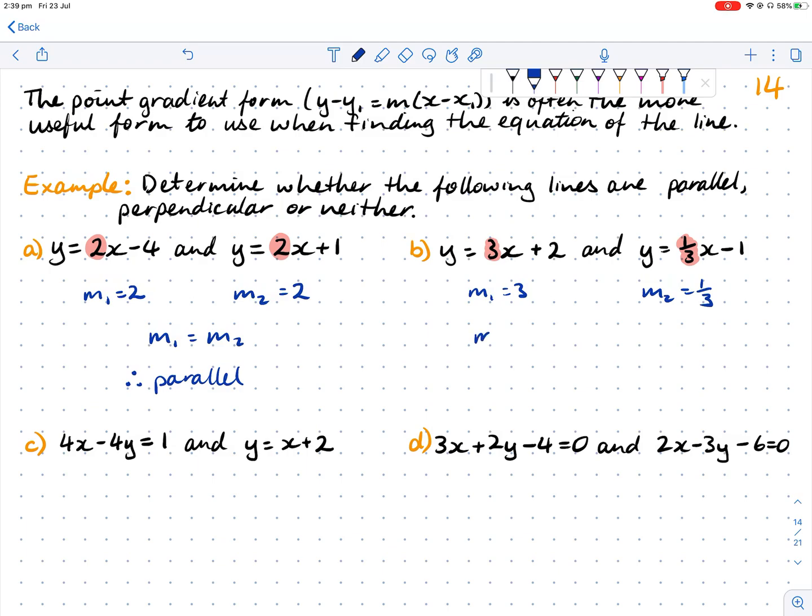To check for perpendicular, we multiply them together. m1 times m2 is 3 times 1/3, which is +1. But if you remember what the rule said, the product had to equal -1. So this one's going to be neither, therefore neither parallel nor perpendicular.